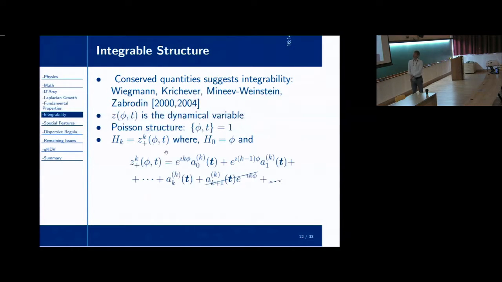Now one can write an infinite number of conserved quantities, h_k, equal to the plus part of z to the power k.